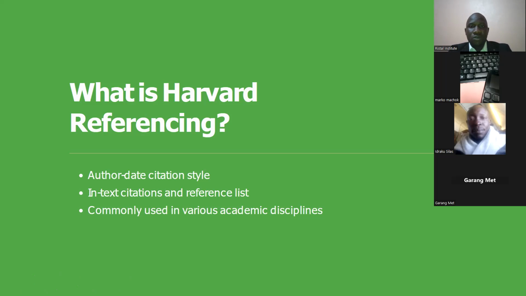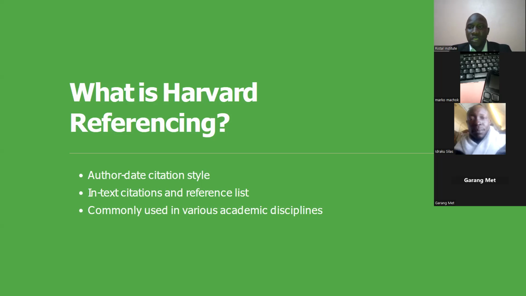Or you have the references put in the reference list. So we want you to use both of them, in-text citation and then also having a reference list. So in your exams, we are expecting to see two things.